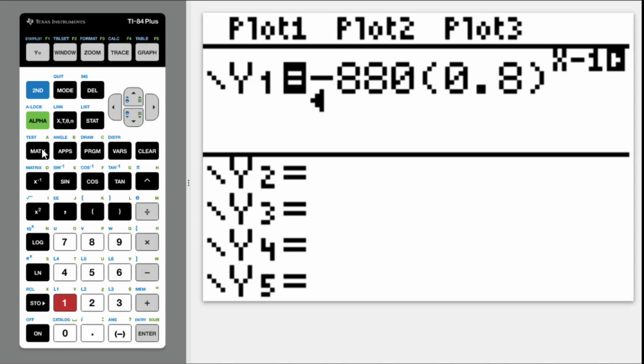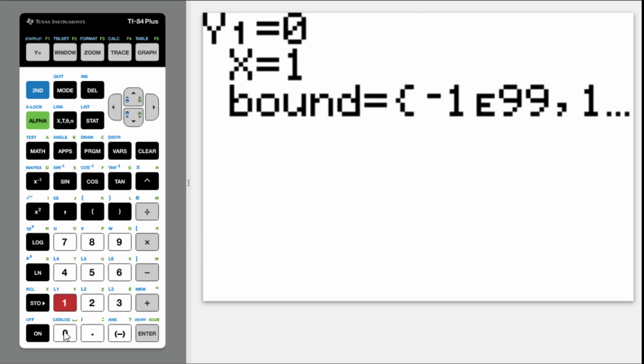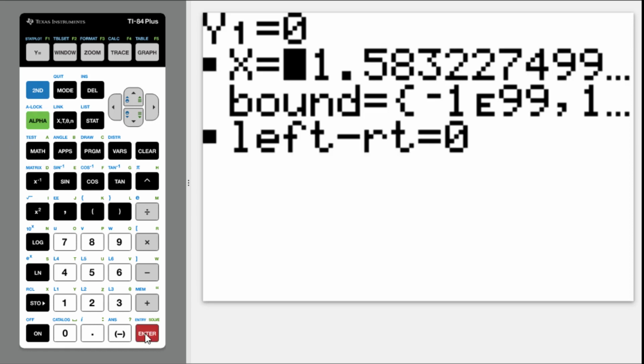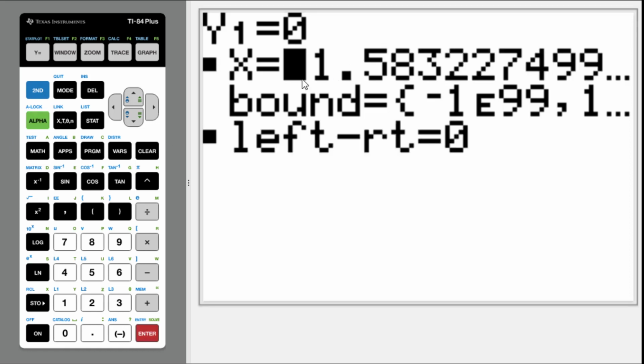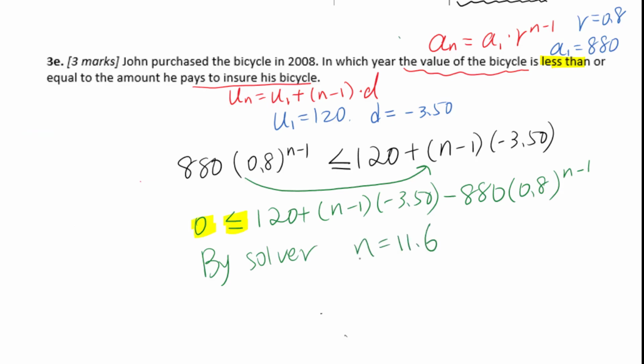Then go to math, up arrow, solver. Use 10 as an estimated value, then alpha, enter. The answer will be 11.6. By solver, n equals 11.6, so there are two choices, either n equals 11 or n equals 12.